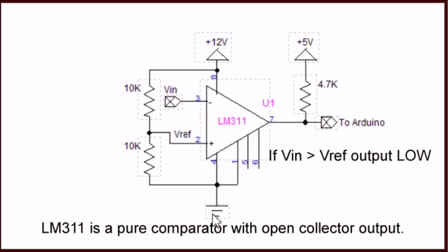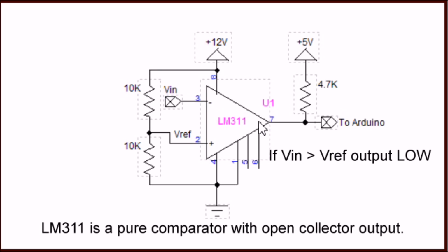But for now, the way this is normally set up, Vref, for which I just happen to use a resistor divider this time, is always going to be set for the plus input. This is largely designed so that if the Vn on the minus input is greater than the Vref on the plus input, the output will switch low.